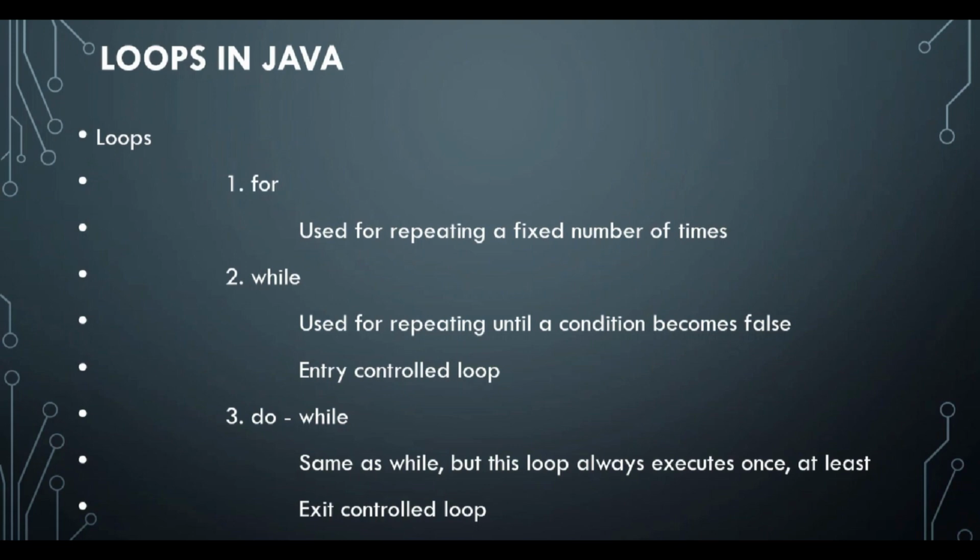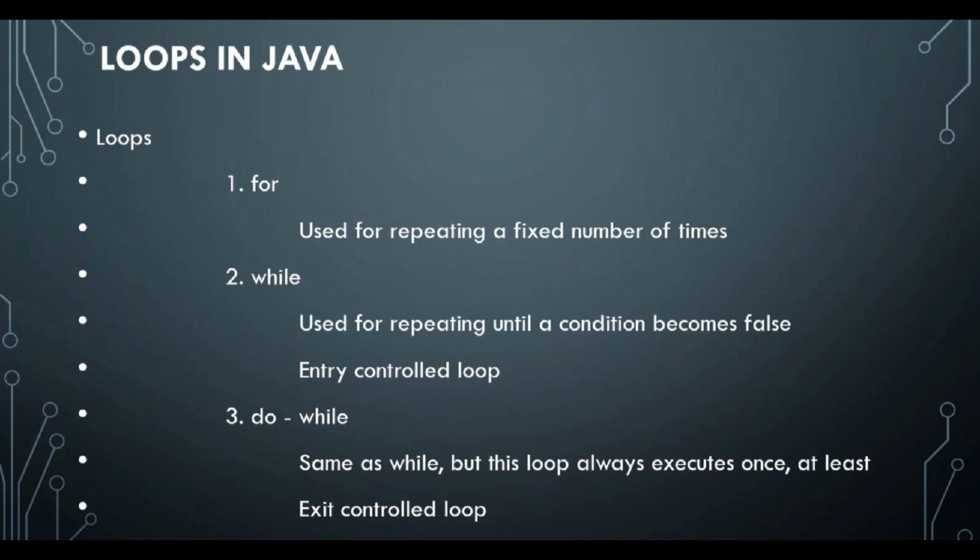Do I know how many people are actually going to come into the theater? I don't know. So I cannot use the for loop because that is for a fixed number of times. I will then use a while loop. So this is called an entry control loop. I'll explain it in a while.